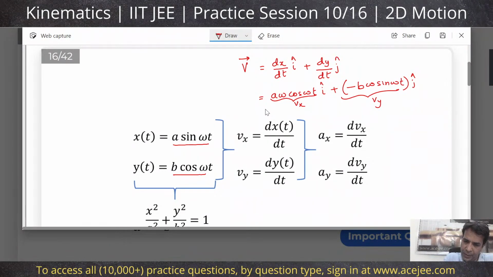Similarly, we can take the double derivative, and we'll get the acceleration. So the acceleration vector would be minus a omega square sine omega t i cap minus b omega square cos omega t j cap.